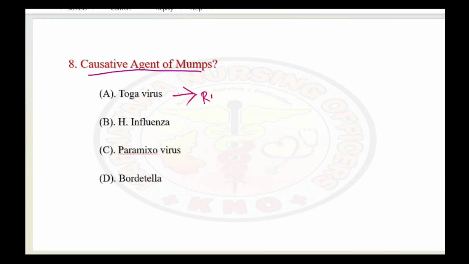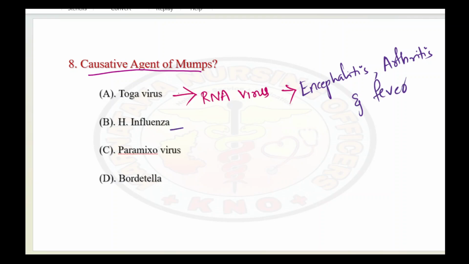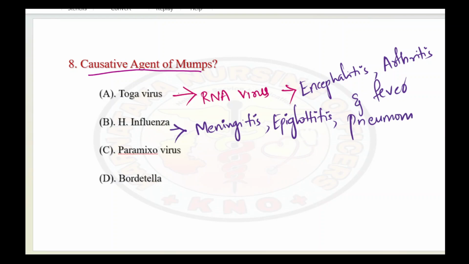So Toga is generally an RNA virus which mainly leads to encephalitis, arthritis, and fever. Haemophilus influenza mainly causes meningitis, epiglottitis, and importantly pneumonia in children.